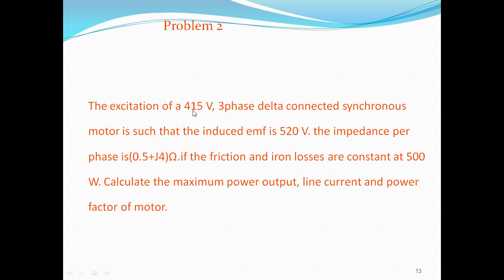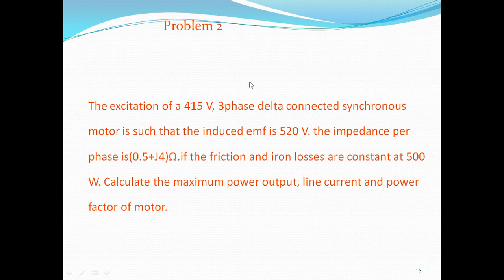The supply voltage V is equal to 415 volts, three phase delta connected, and the induced EMF is given as 520. So EB is 520 and V is 415 volts. So you can say whether this is lagging or leading.